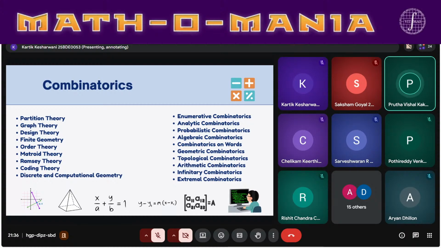While traditionally focused on enumeration and discrete configurations, modern combinatorics often interacts with Fourier analysis, especially through techniques like harmonic analysis on discrete structures, generating functions, and spectral methods.